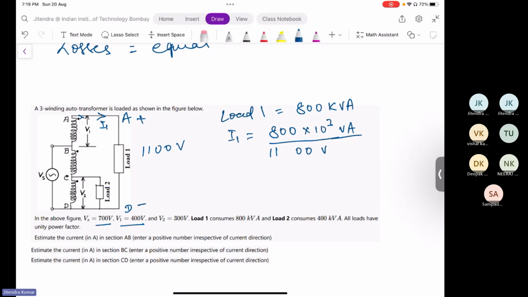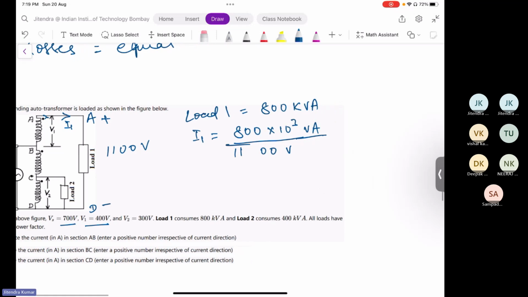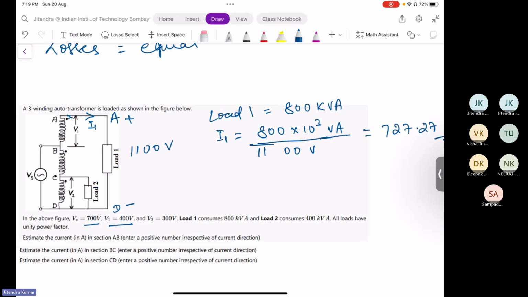Hence we have to take 1100 volt. So it will come out to be 727.27 amps. Okay, I1 we have computed now.